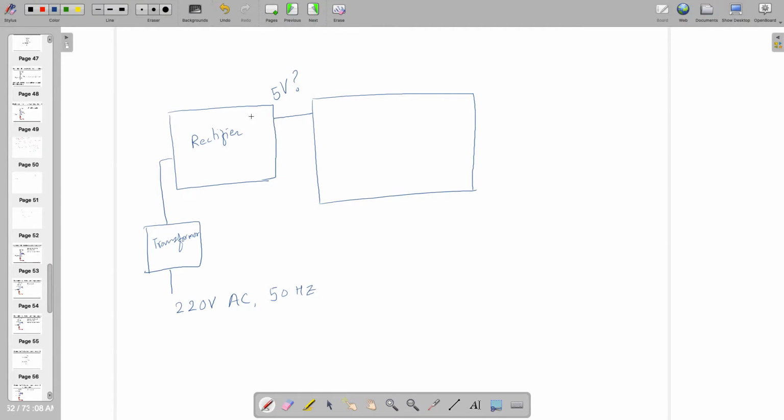When it travels through these things and has a big decoupling capacitor, without the capacitor I was expecting it like this, and with the capacitor I'm expecting it like this. But this one is not possible. A constant line is not possible because the resistance seen in this particular circuit is also contributing. So in reality, you are going to see something like this.